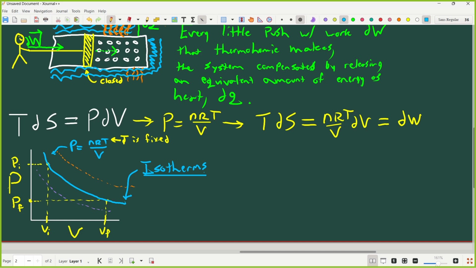Okay, so let's say I move the system just a little bit. Let's say I start from here, let's call this V, and then I move it just a slight amount to here, to V plus dV.